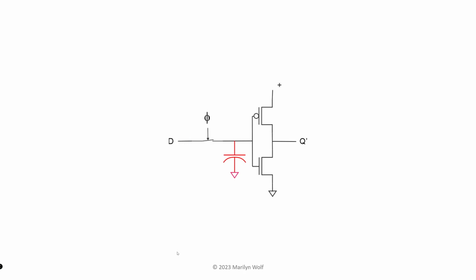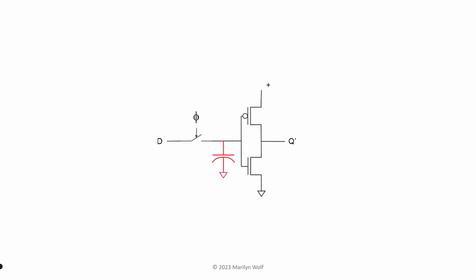When the clock is enabled, the transmission gate is on, and the D input is connected to that parasitic capacitance at the inverter. So we can either charge that parasitic capacitance to store logic 1, or we can discharge the capacitance to store a logic 0.